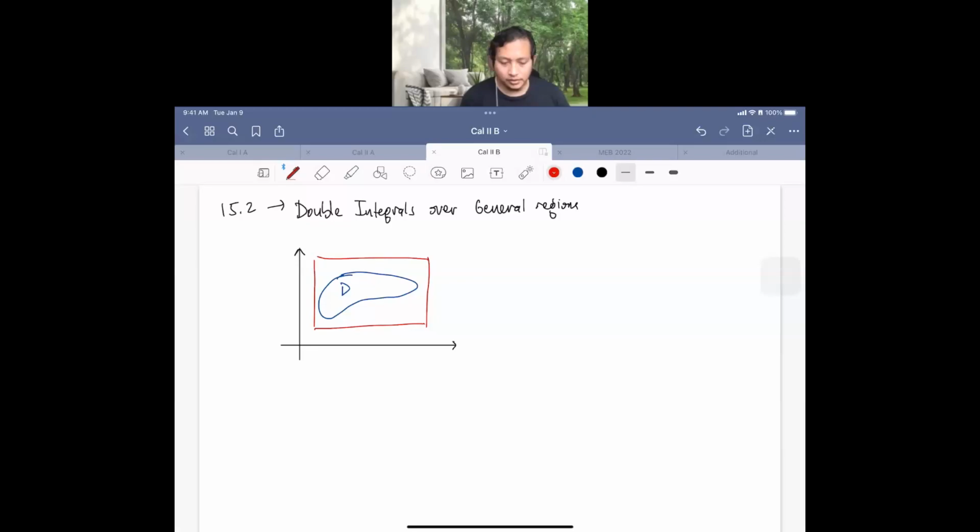And now if we want to integrate a function of x, y, then we define a new function, the capital F(x, y). Maybe I will put the picture first to make it more clear.